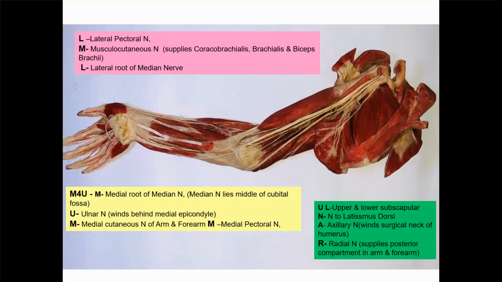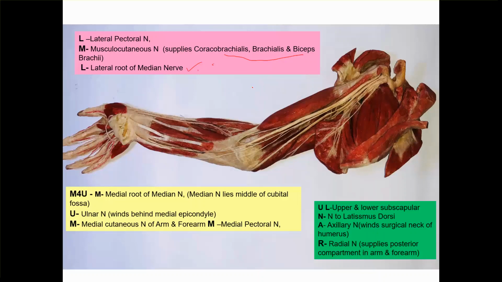So the lateral pectoral nerve, the musculocutaneous nerve, and the lateral root of median nerve, all three, that is LML, are branches of the lateral cord. The musculocutaneous nerve supplies the coracobrachialis, brachialis, and biceps brachii. If you retract these nerves a little, you can look for the coracobrachialis muscle.